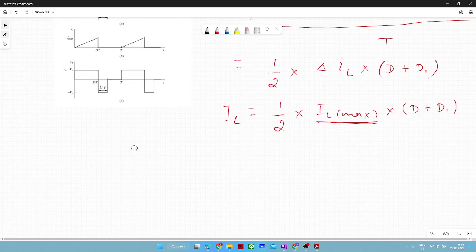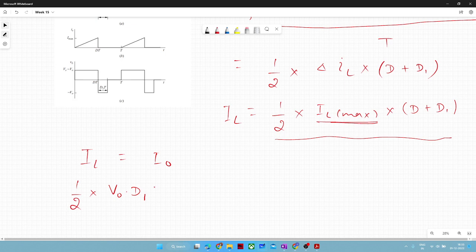So our further task would be just to equate IL is equal to I naught, and IL we can now write as V naught into D1 into T divided by L, because we got it in terms of VL, right? VL we can write in terms of D1 or D. During turn off, this value was V naught.